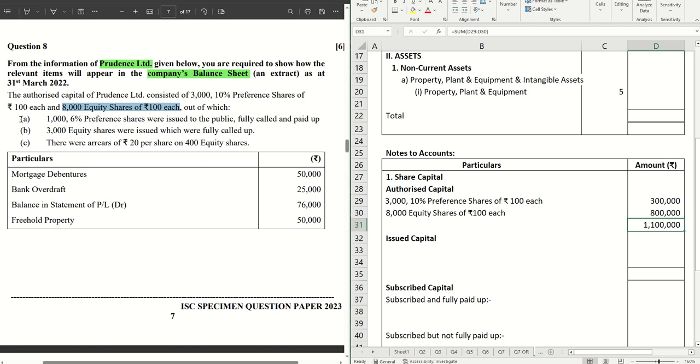Let's move on. Point number A, 1,000 6% preference shares were issued to the public, fully called up and paid up.